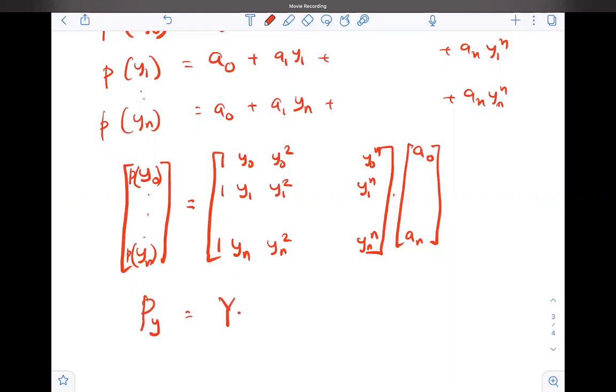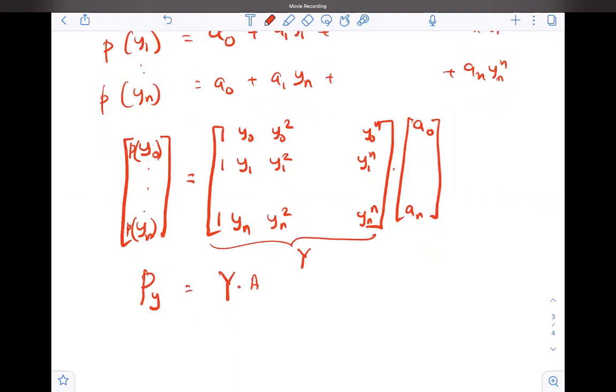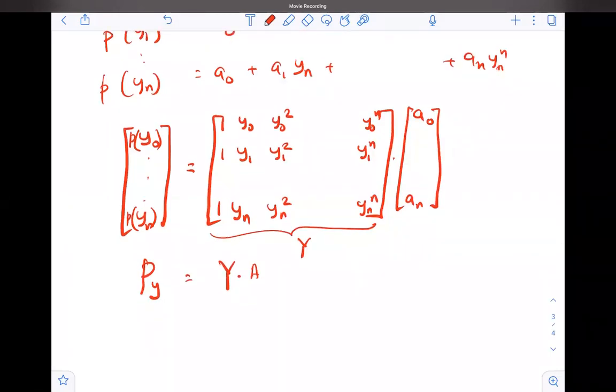If this matrix has some special structure, particularly if this matrix Y is invertible, then we don't have to go through interpolation or any such things. If you give me this chunk, I can easily produce this chunk.